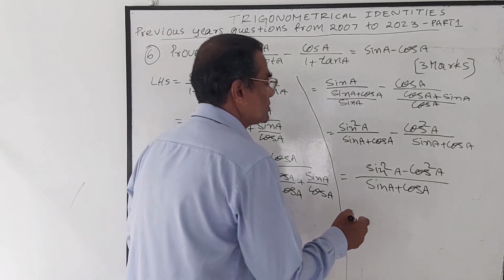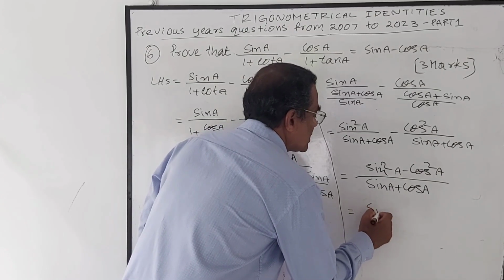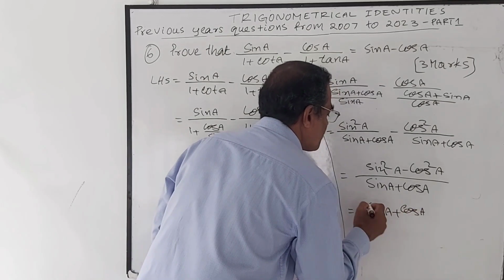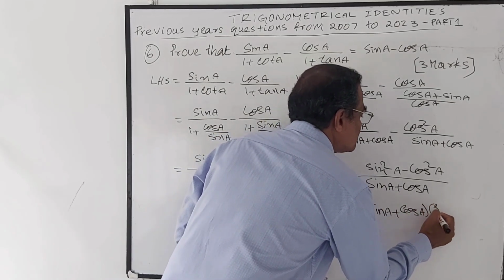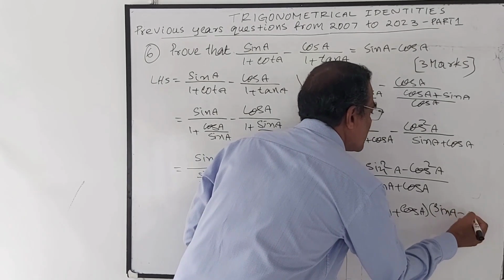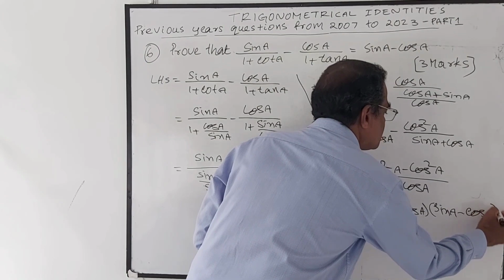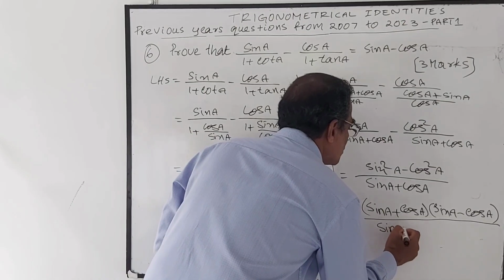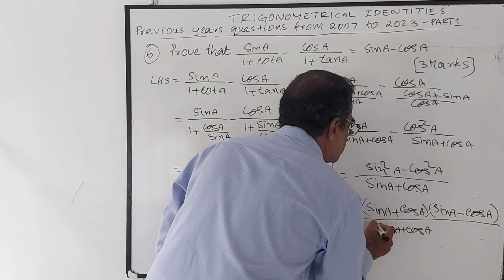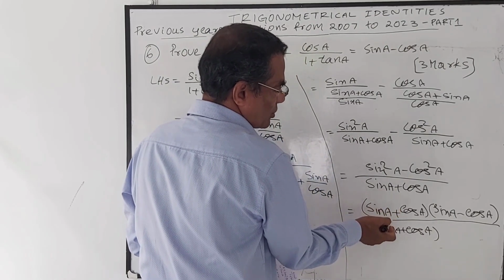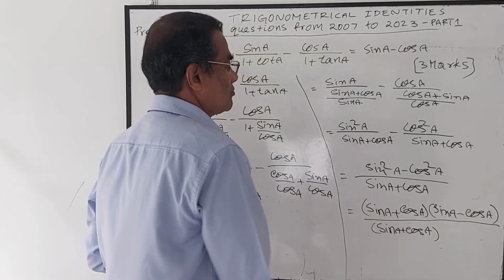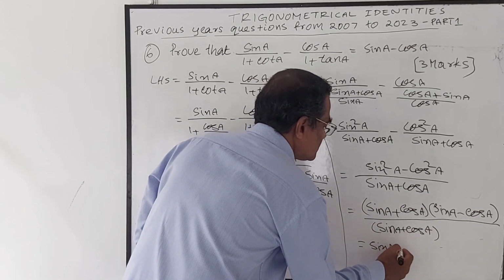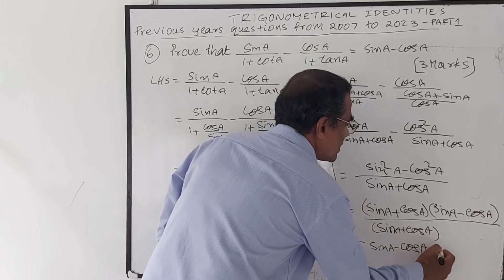A square minus b square is a plus b into a minus b, divided by sin A plus cos A. Sin A plus cos A divided by sin A plus cos A is 1. 1 into this is sin A minus cos A. Equal to RHS.